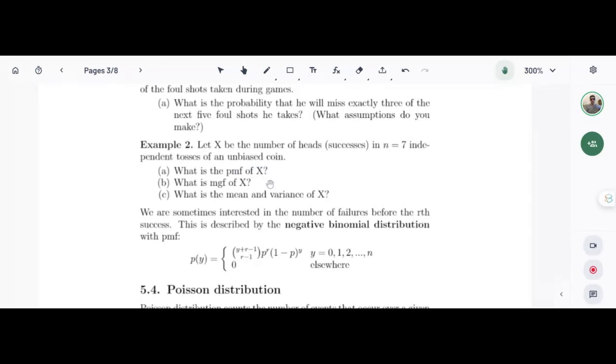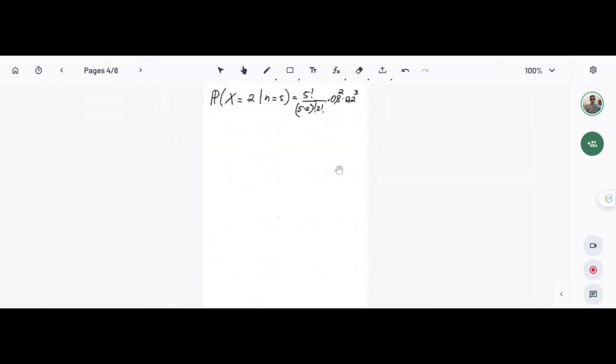This is going to be a bit burdensome to write down everything, but anyway, you have 7 trials and the probability of success is 0.5 because you have an unbiased coin. So this is example 2 here, the other one is example 1.